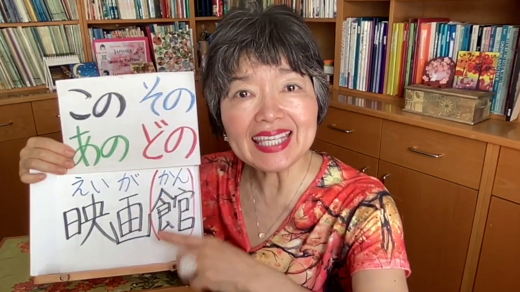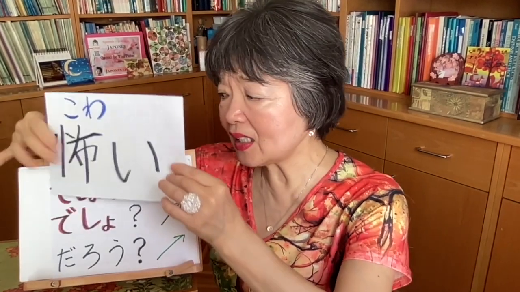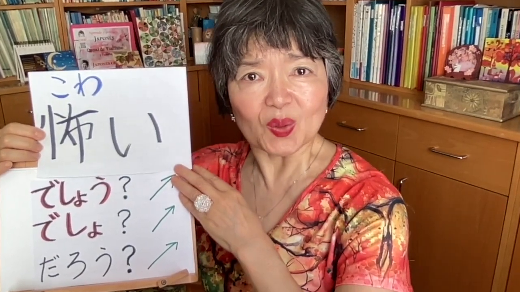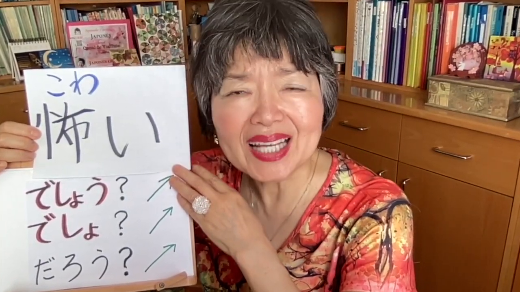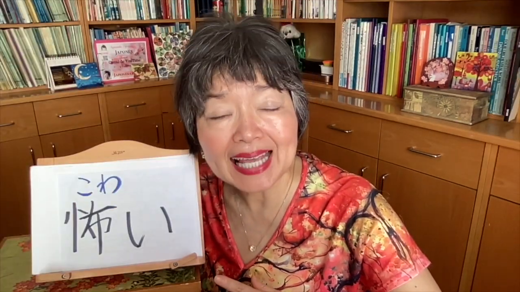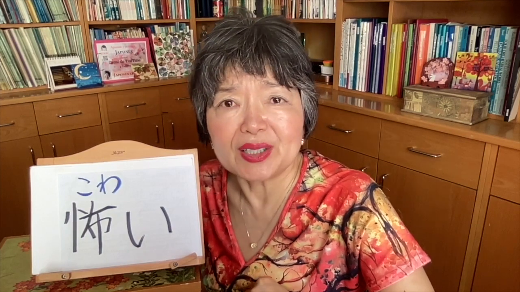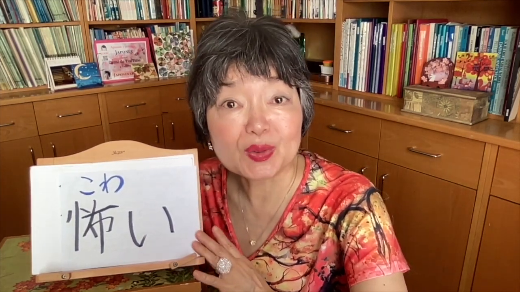その映画は怖いでしょう？その映画怖いでしょ？その映画怖いだろう？Now we are going to change into the past tense. It means that movie was scaring, right? Oh, I was so scared. So, 怖い we must change into the past.